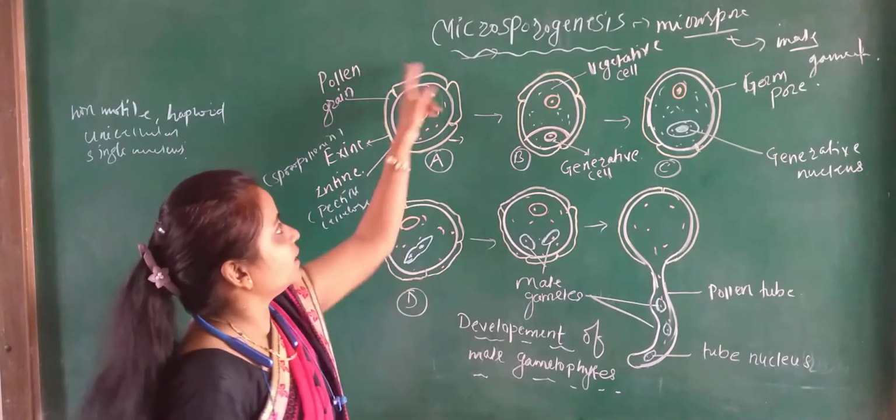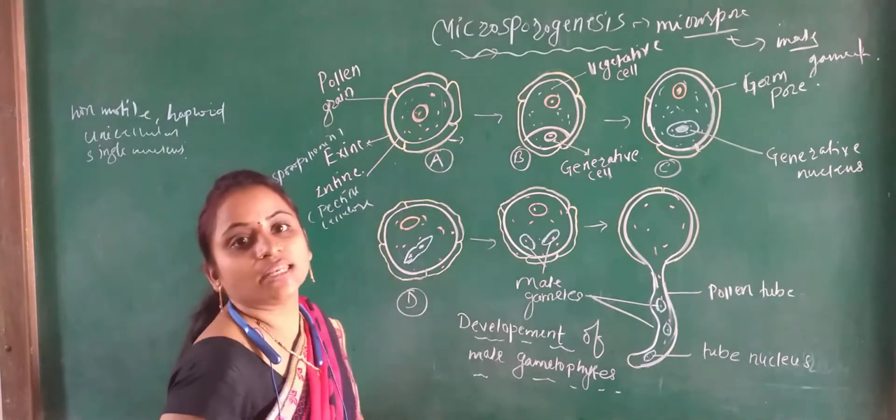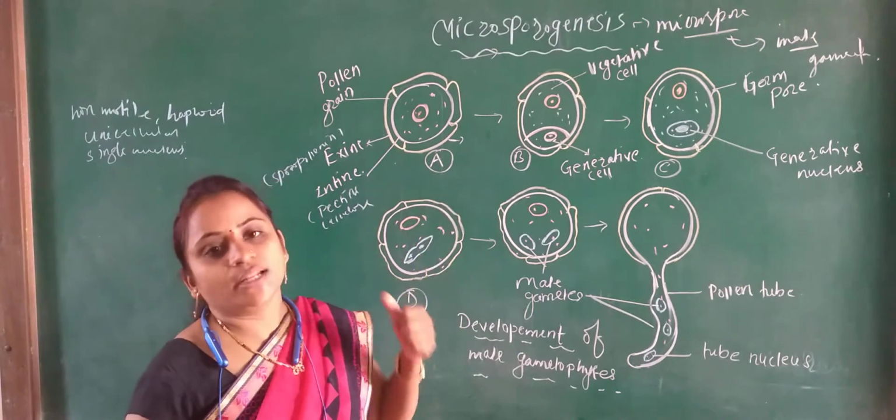Exine means the outer layer and intine means the inner layer of the pollen grain.